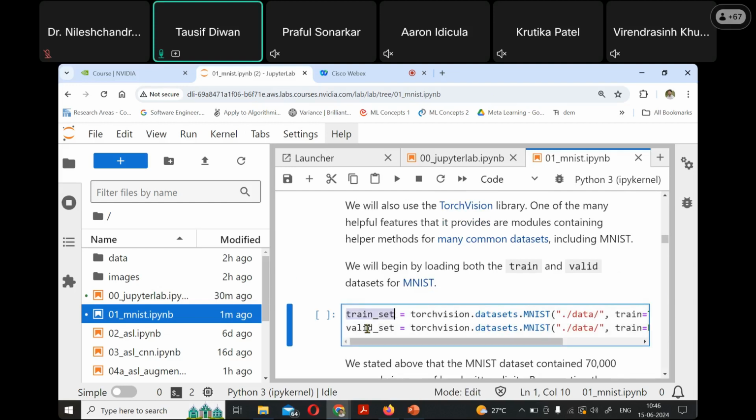We are defining the training set here, and we are defining the validation set here. So torchvision.datasets.MNIST data is available. If it is the training set, then train is equal to true. This attribute should be true for training and false for validation. Both should be downloaded, and this is there in the root folder. It is available in torchvision.